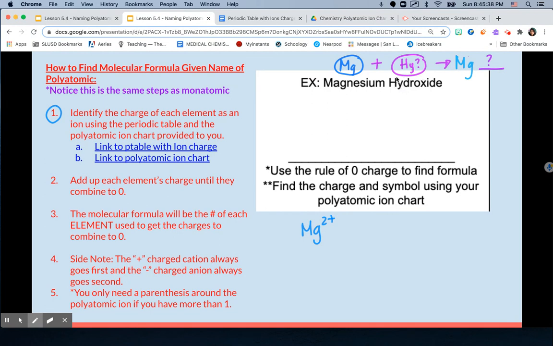So if I have a polyatomic ion, I can usually tell if it ends in ate. So for example, if the ending of the name is ate or ite, this usually helps me out and tells me that it is a polyatomic ion.